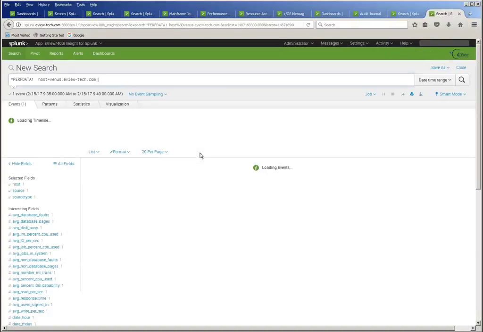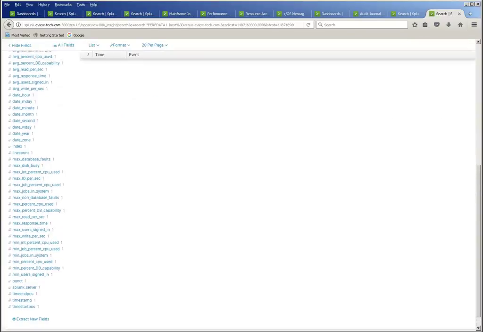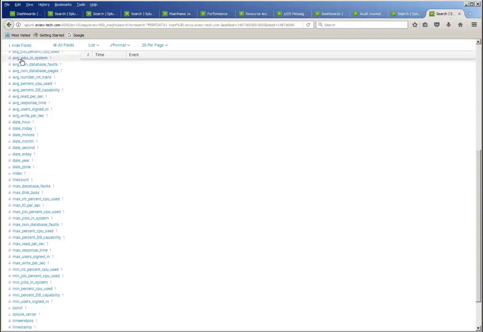If we go down and take a look at one of the individual records here, we can see there's a lot of different metrics. Over on the left-hand side, you can see some of the different types of metrics. So things like disk busy, interactive CPU utilization, IOs percent, percent CPU used by jobs, number of jobs in the system, response time metrics, a number of different metrics that are available as part of the iSeries data.